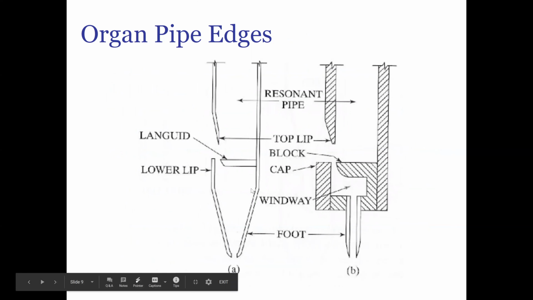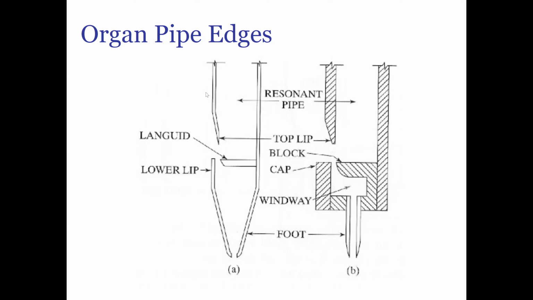Now, organ pipes are connected to an air source that blows in from the bottom. And there is this piece here on, I believe these are showing metal pipes and these are showing more wood type pipes. So the air gets directed this way towards the knife edge, and then it blows over the knife edge and creates that edge tone, and then we get the resonance from the long pipe that comes afterward.